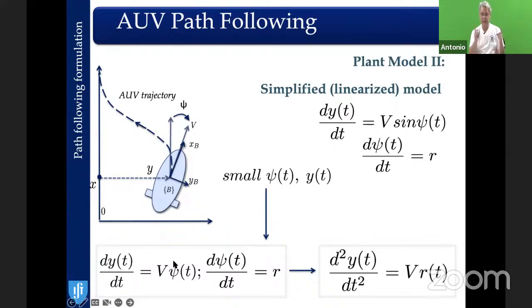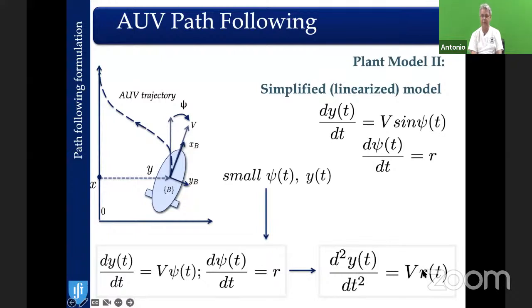Now you have two equations that are coupled. So you suspect when you put them together, you have a second order differential equation, which is true. I mean, if you compute the second derivative of y, you have the derivative of this, which is v times the derivative of psi, which is r. So you get the second derivative of y is equal to v r.